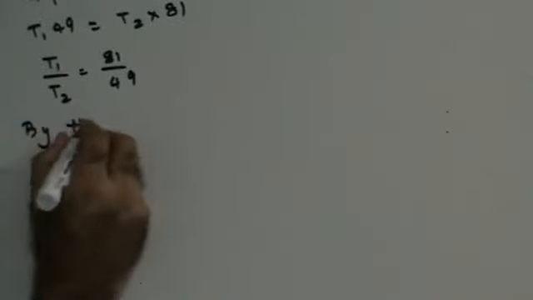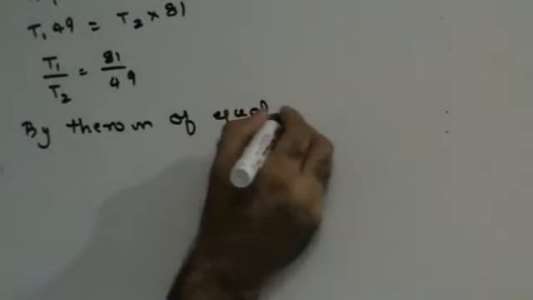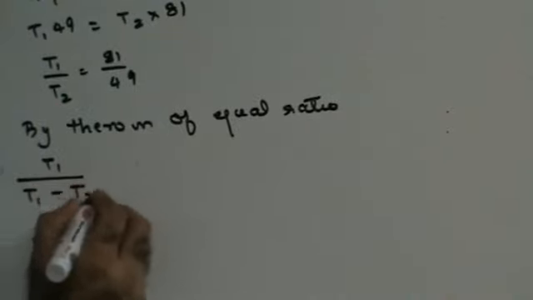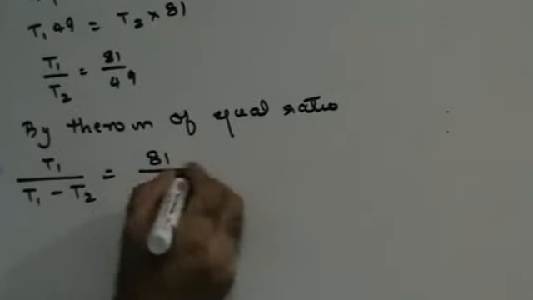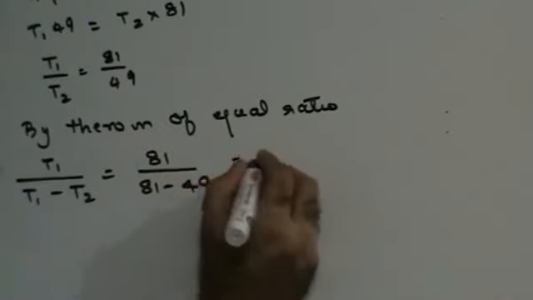By theorem of equal ratio, whatever you do in the numerator, the same thing you have to do in the denominator. That means I can say that T1 upon T1 minus T2 is 81 upon 81 minus 49. Whatever mathematical operation is done on the left hand side, the same operation should be done on the right hand side. Fine. Now this is going to be nothing but 81 upon 32.